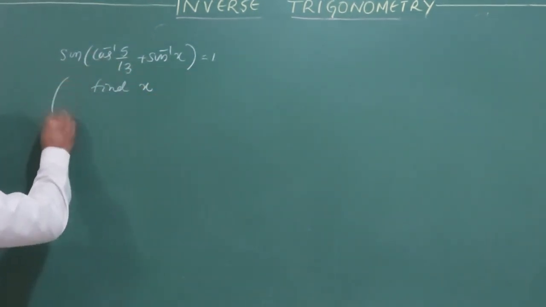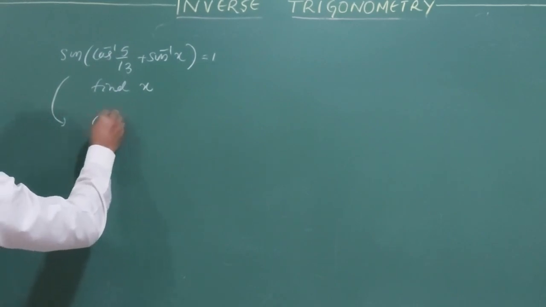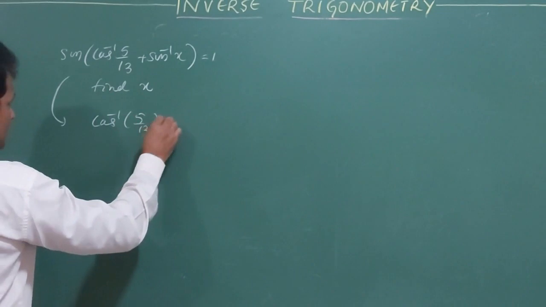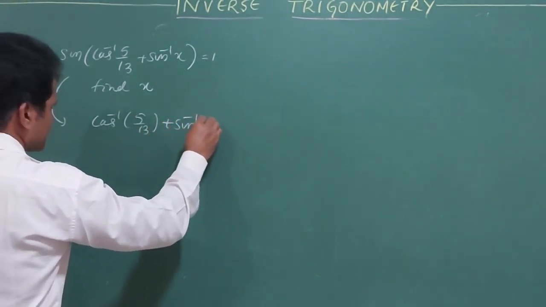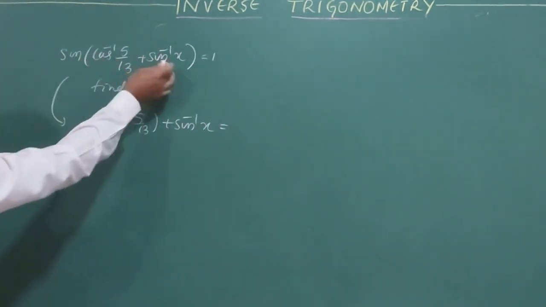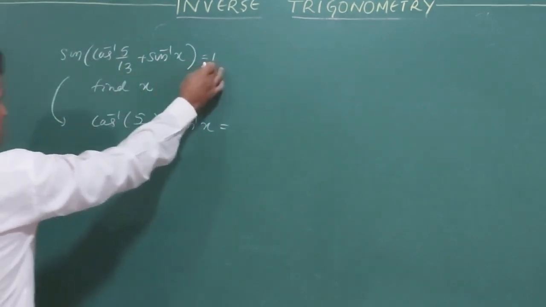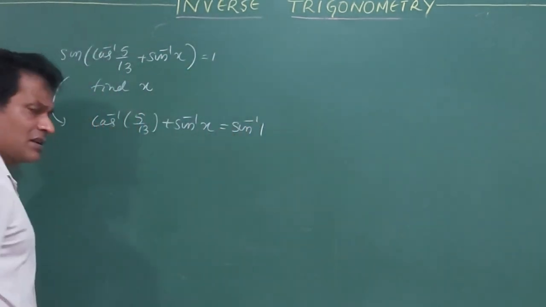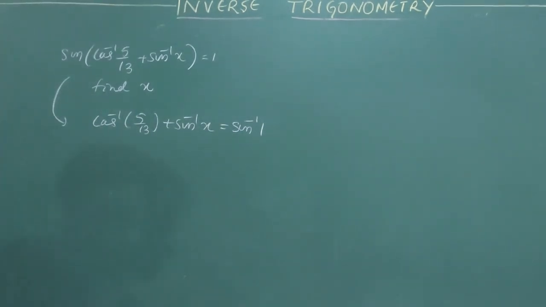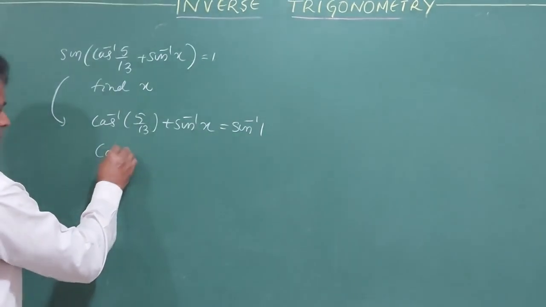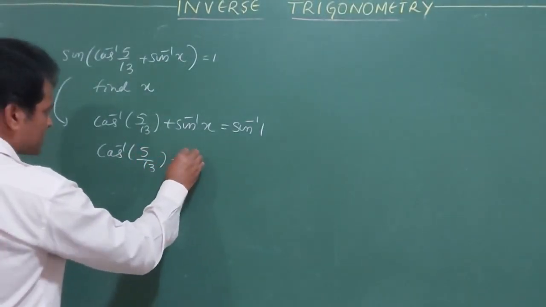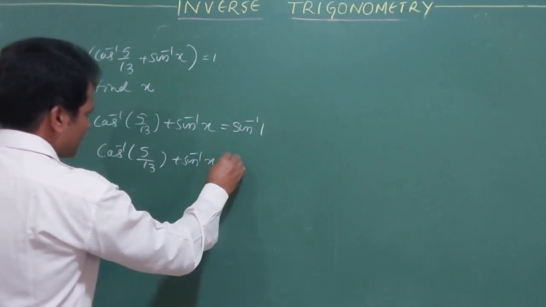So cos inverse of 5 by 30 plus sin inverse x is equal to sin inverse 1, as I have applied sin inverse to both the sides. And you know when sin is equal to 1, that is pi by 2 in inverse trigo. So cos inverse of 5 by 30 plus sin inverse x is equal to pi by 2.